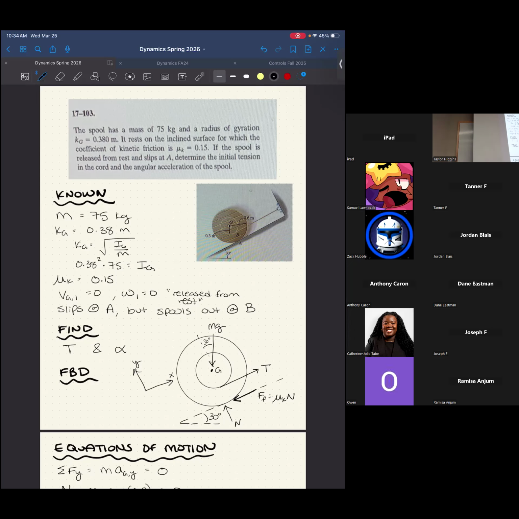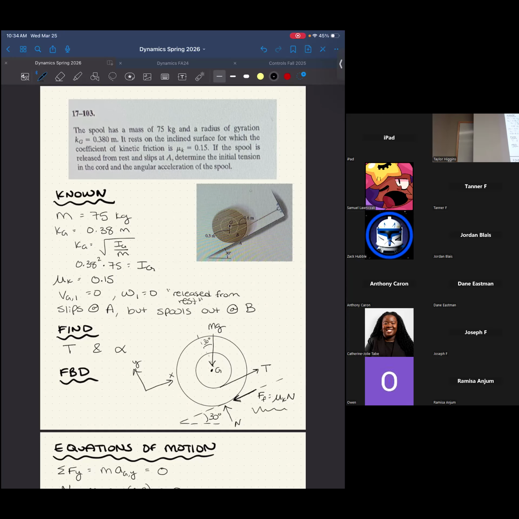Doesn't it affect though? Like it's slipping, so it is affecting the amount that the spool is releasing cord, right? It is, but only because of this friction force. This friction force affects all of the accelerations.